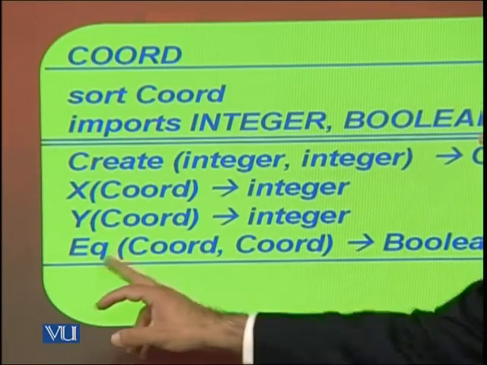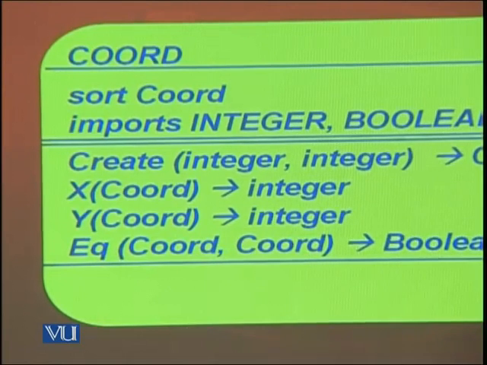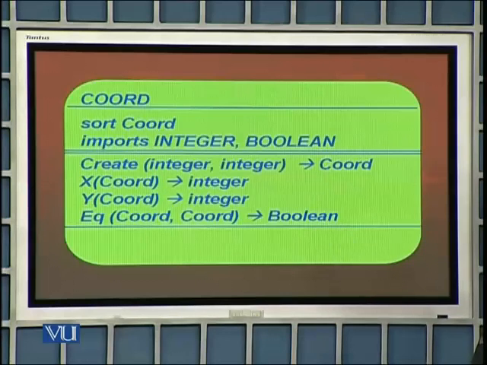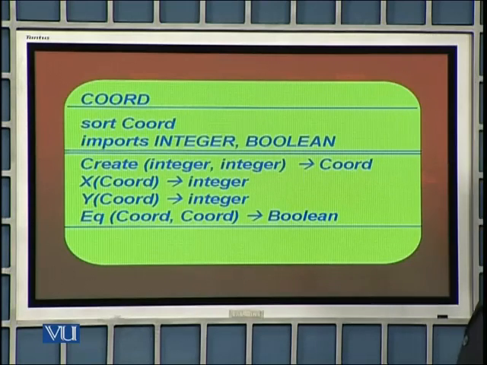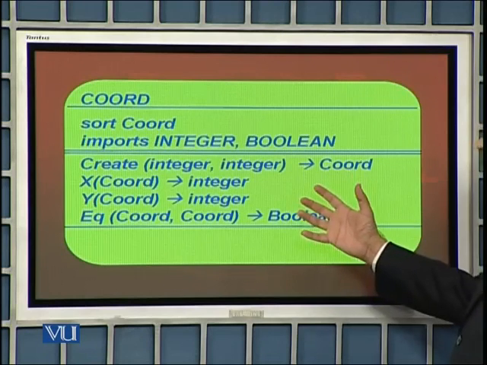And I can equate two coordinates, and if they are equal, it will give me a Boolean result, true or false. So once again, a very simple specification, nothing very complicated about it, but we shall use this specification.